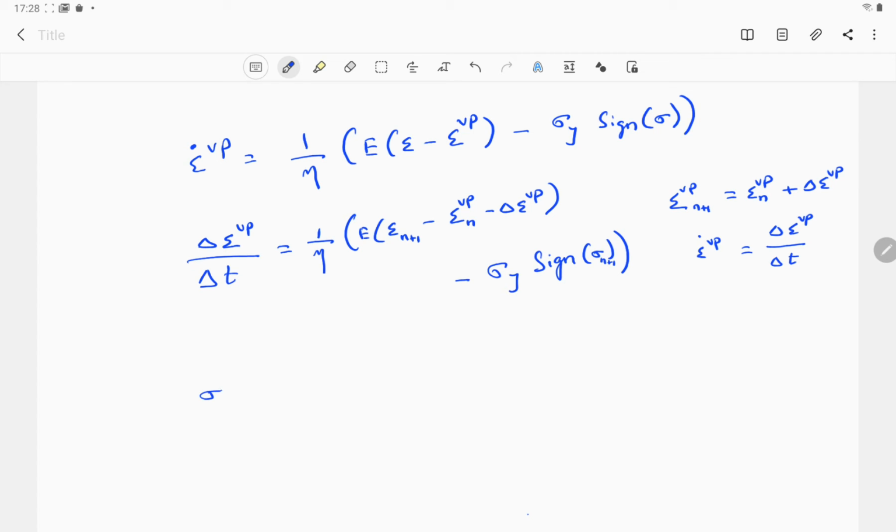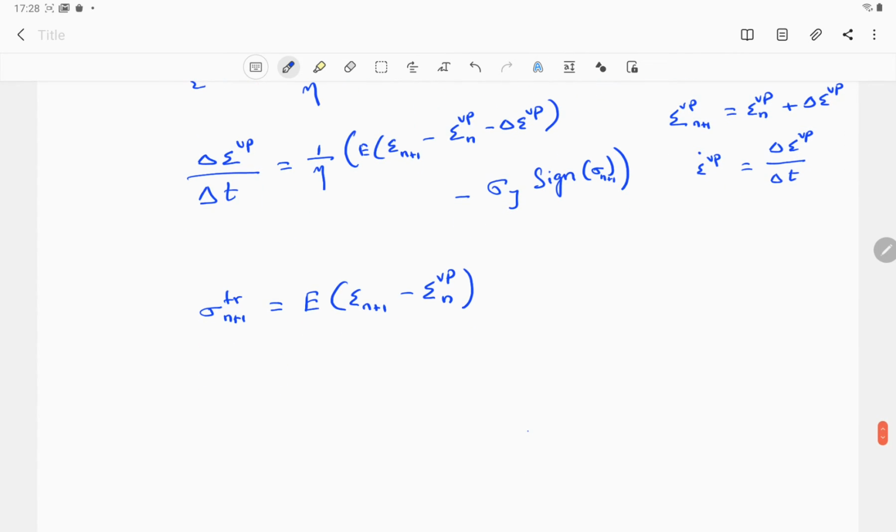So, I am going to introduce sigma trial of n plus 1, which is equal to E into epsilon n plus 1 minus epsilon Vp of n. So that's trial, and we can calculate the trial sigma easily. As a matter of fact, sine of sigma trial is equal to sine of sigma.